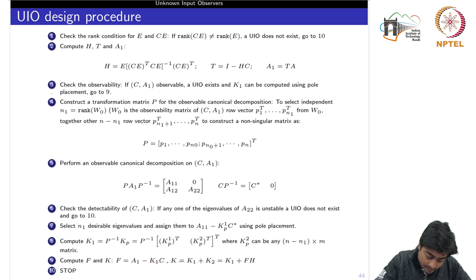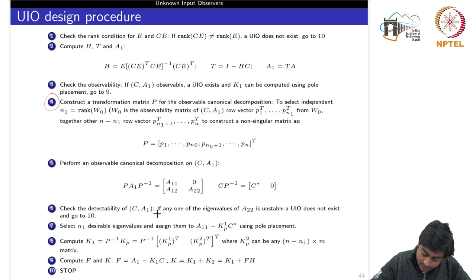Now this step 4 is basically the decomposition procedure if the pair A1 comma C is detectable, so that we can compute this transformation matrix P, and using that transformation matrix I can obtain the observable part of this unobservable system.